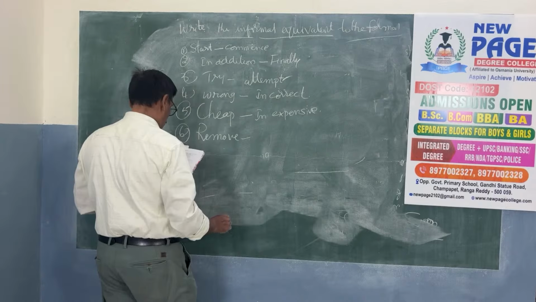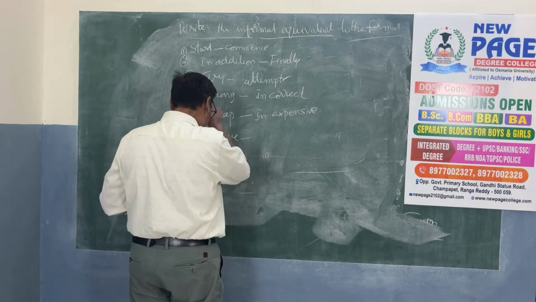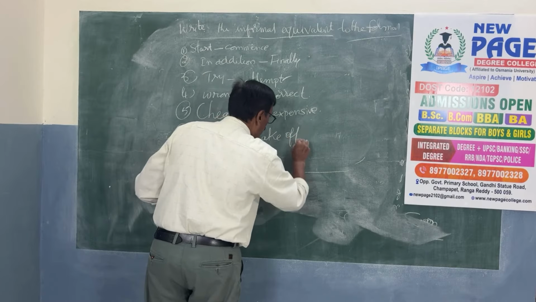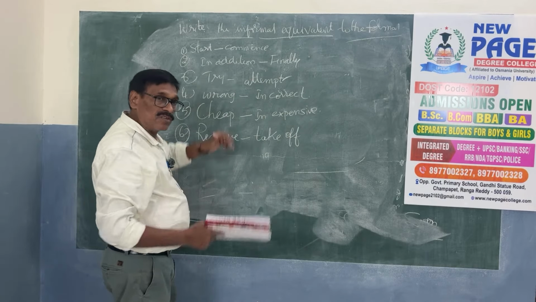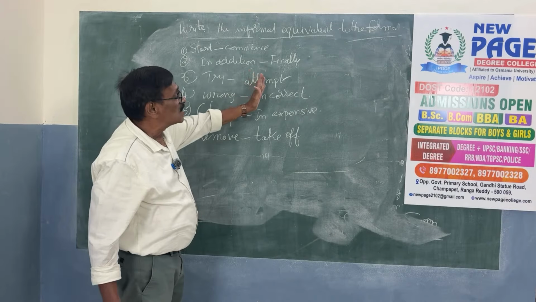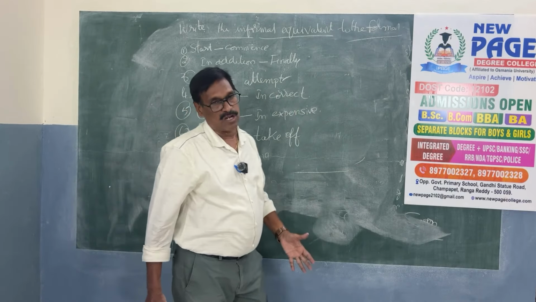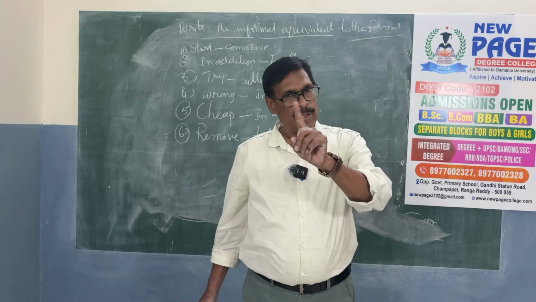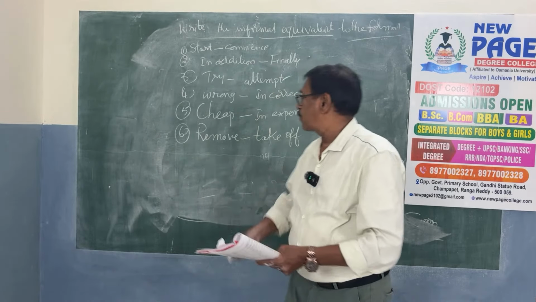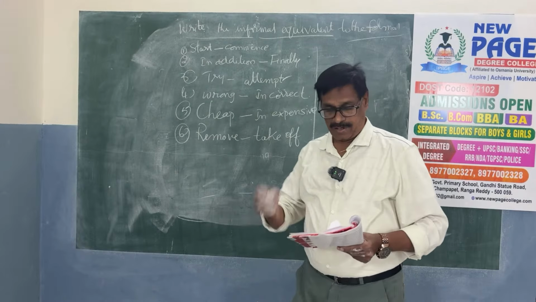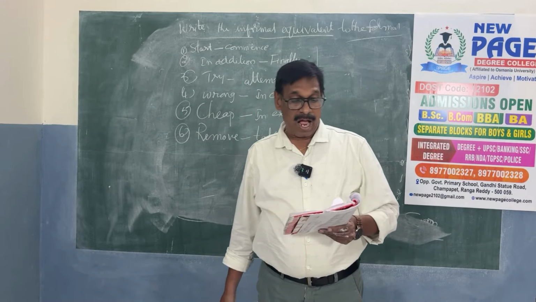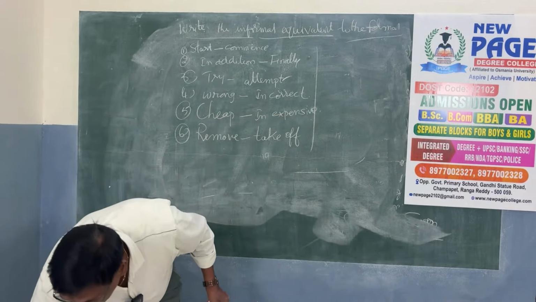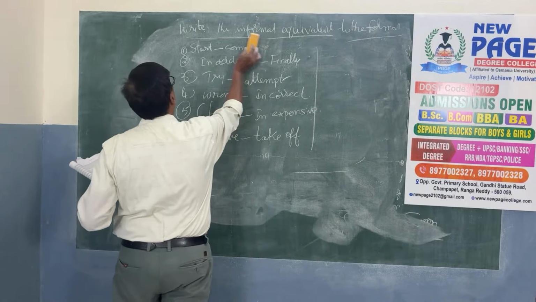Remove is informal. So what does remove mean? Take off. So this is the way sometimes they give the informal and ask you to write the formal words also. There is a choice. Maybe you may get from that or you may get from this one also. Be careful. That is a very important mark. And also, sometimes they give the words. One more model.